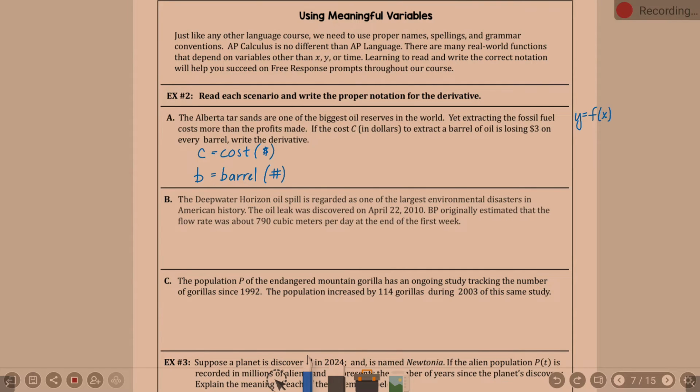If I try and put that in terms of C and B, the cost is in terms of what? It's based on how many barrels. So my C, I'm going to write it as f of B, because that's insinuating the idea that the cost is based on the number of barrels. You put so many barrels into your function, you're finding the cost.